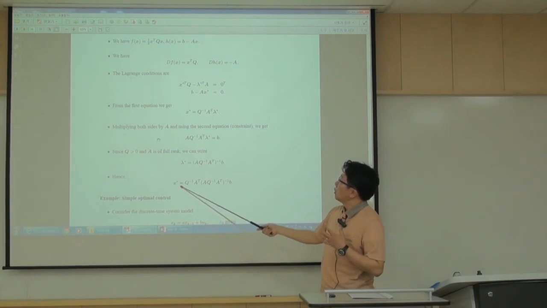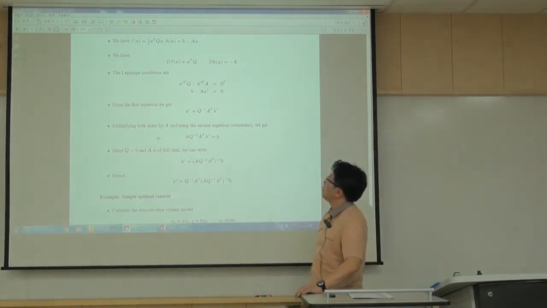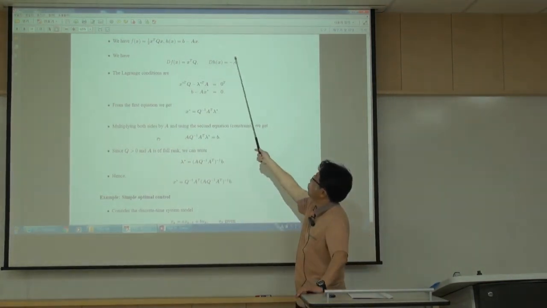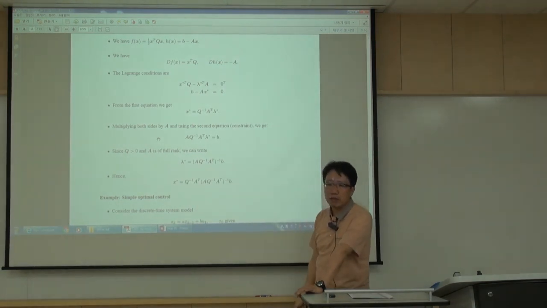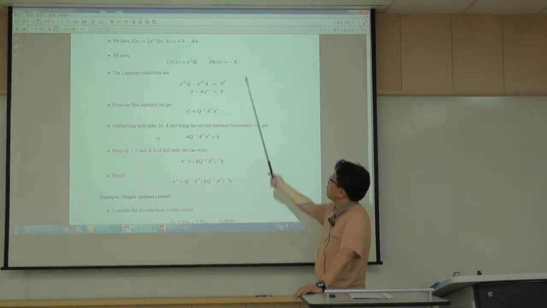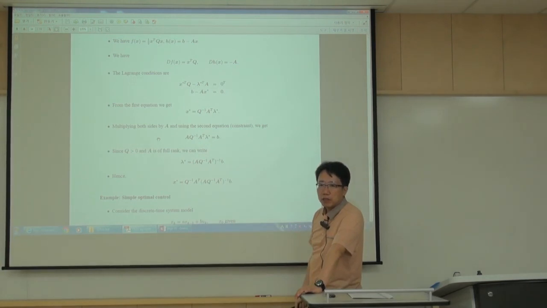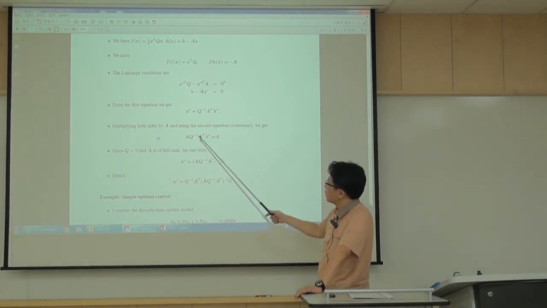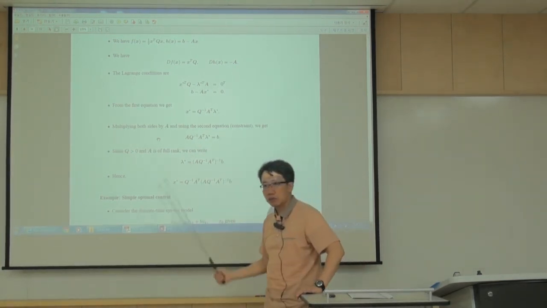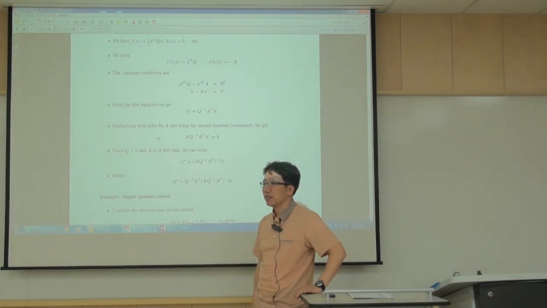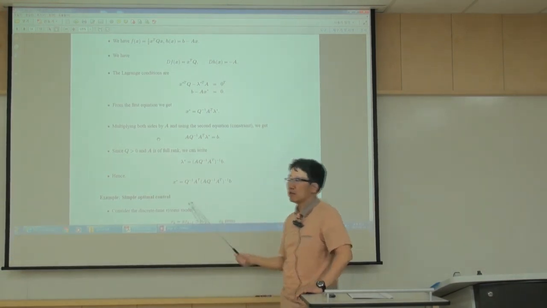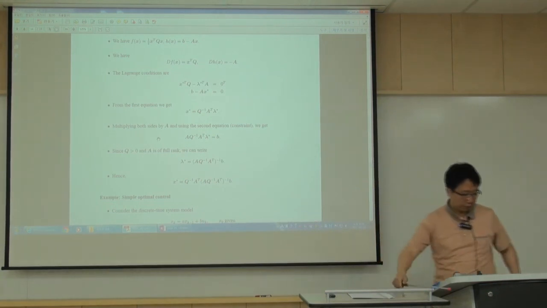Since Q is positive definite, and here we assume A is of full rank and M is less than N, every feasible x is regular. And we have a single candidate. What does that mean? This must be the solution. Got it? So we are very lucky in this case, and this is the solution.